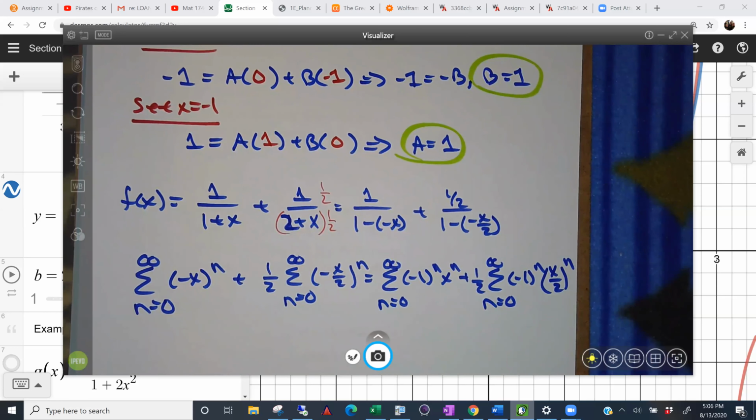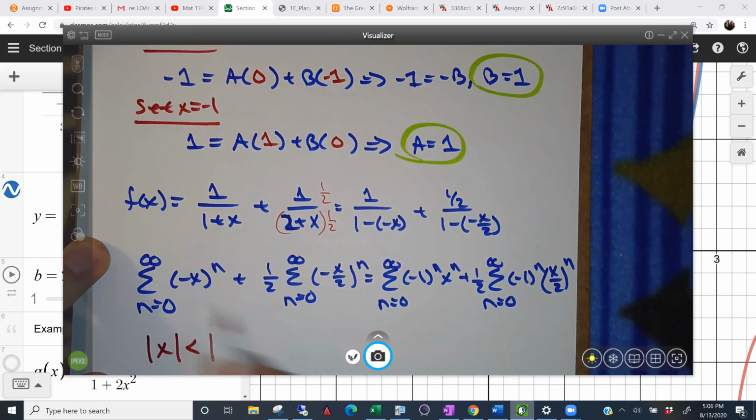We do have a little bit of a question to answer here. This is going to converge as long as the absolute value of x is less than 1. This is going to converge if the absolute value of x over 2 is less than 1. And since 2 is already positive, you take it out of the absolute value, so absolute value of x is less than 2.